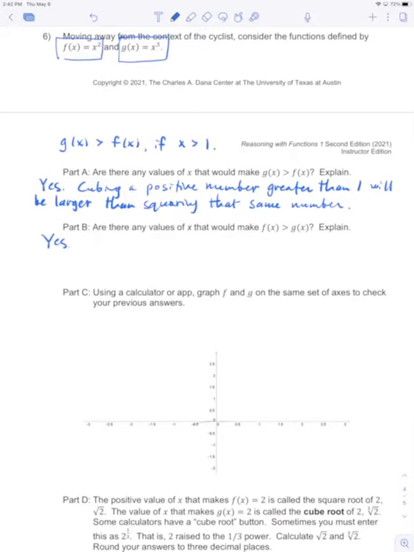And we could start by saying, let's do this. Squaring a negative number will be positive, while cubing a negative number will be negative.